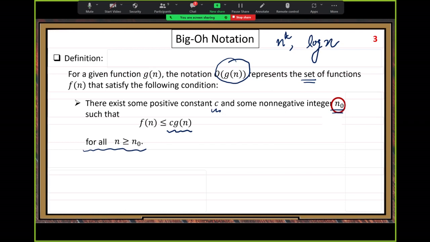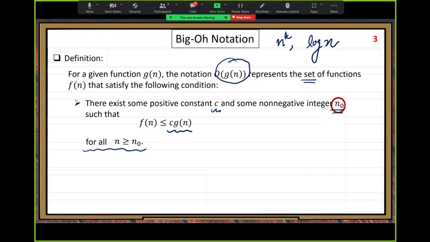Then the condition: positive constant c and some non-negative integer n0. I need to explain the role of this n0. So, non-negative integer n0, such that this inequality holds: f of n less than or equal to c multiple of g of n.